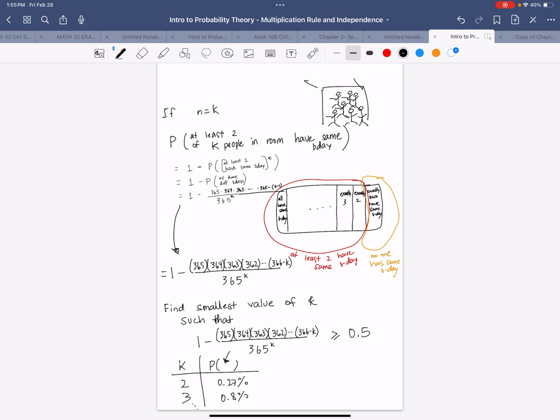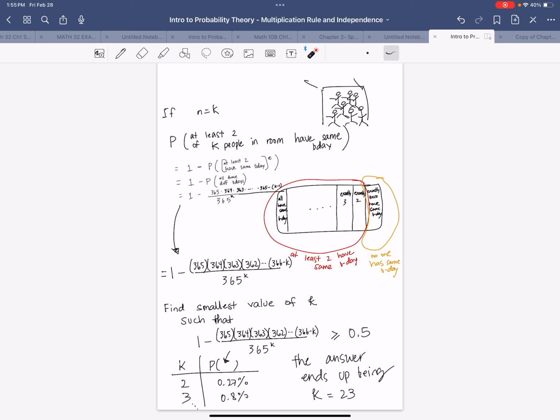And you can just run the numbers, and I think k needs to be at least 26, I think. Let me see if I wrote it down. The answer ends up being about 23. So k equals 23 is the first time your number ends up being above 50%.